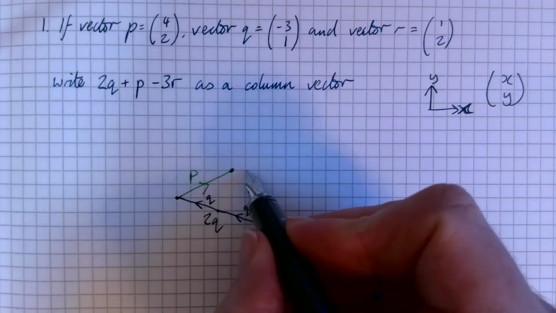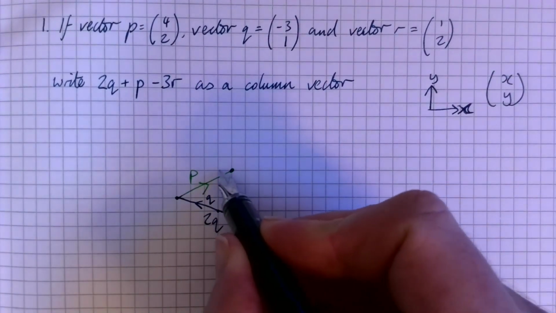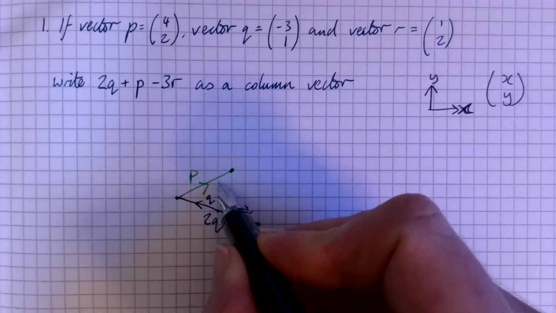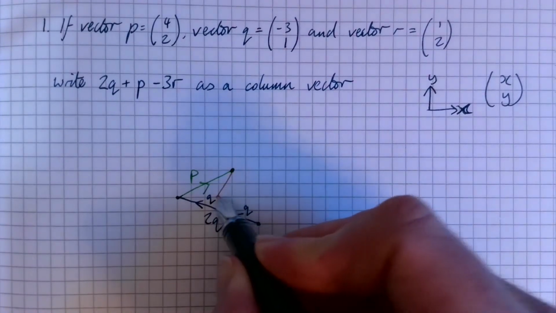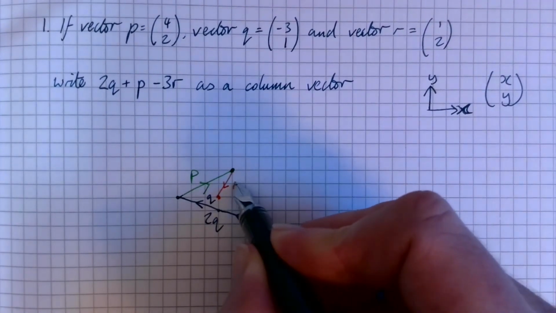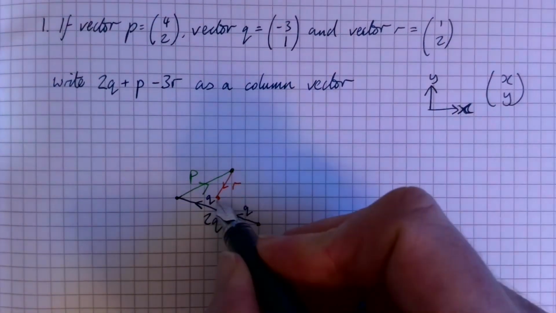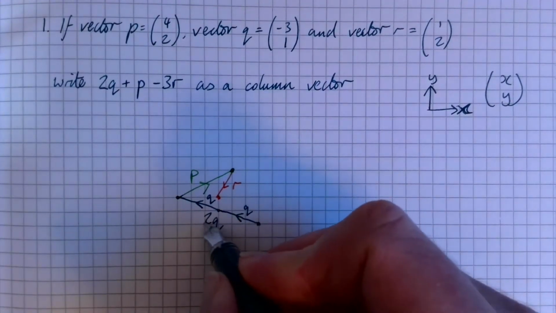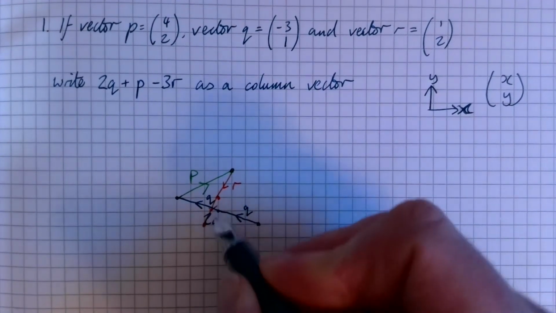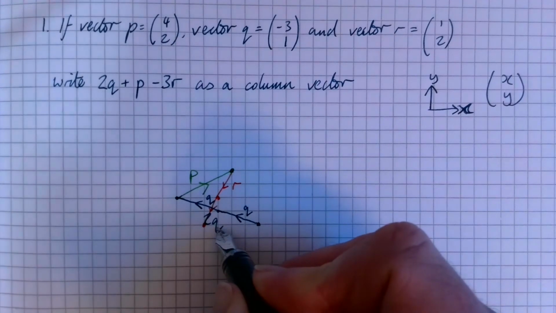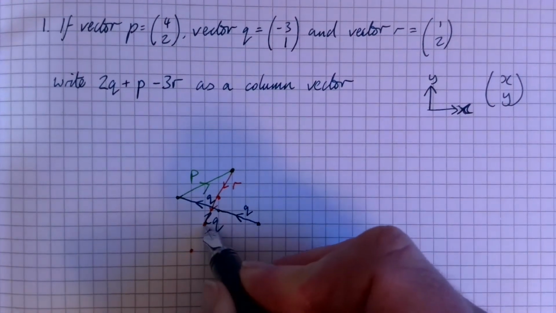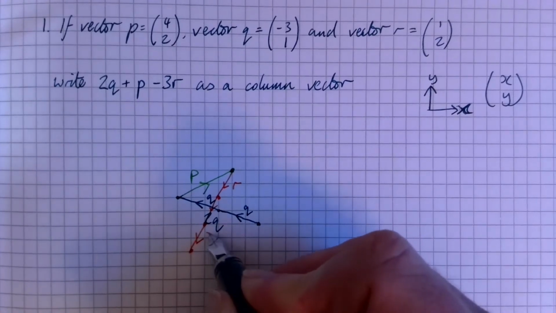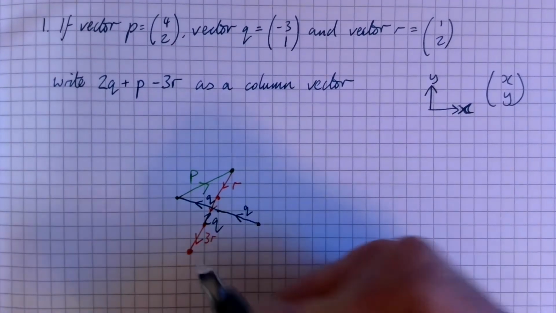Instead of going 1 to the right, I'll go 1 to the left, and instead of going 2 up, I'll go 2 down. Oh, this is going to be a bit confusing, so that means I'm going to go down to there, and that's doing r once. I need to do r 3 times, so let's just do it again. 1 to the left and down 2 again, and that's 3r, getting me down to here.